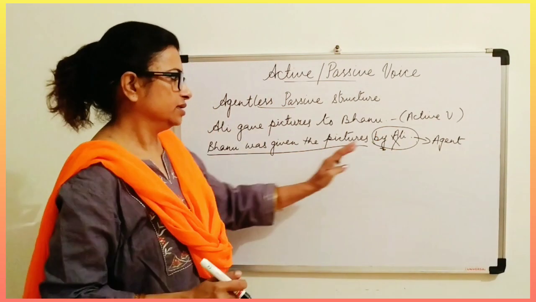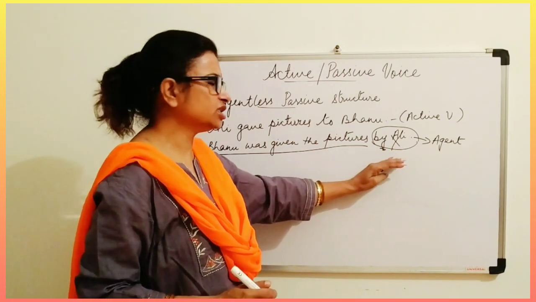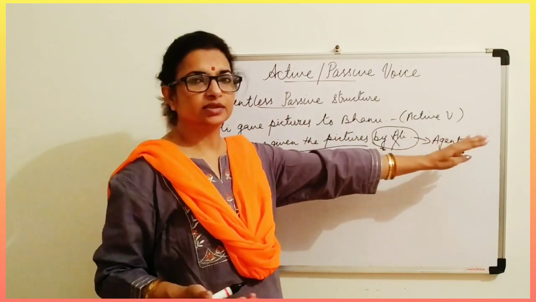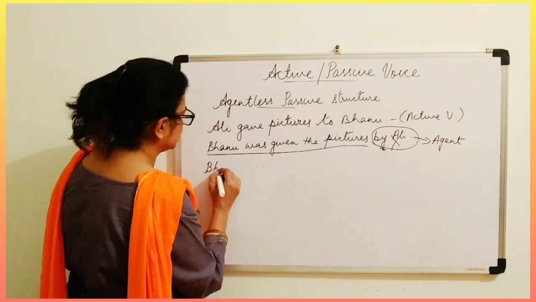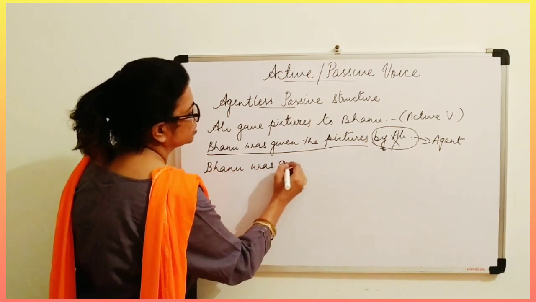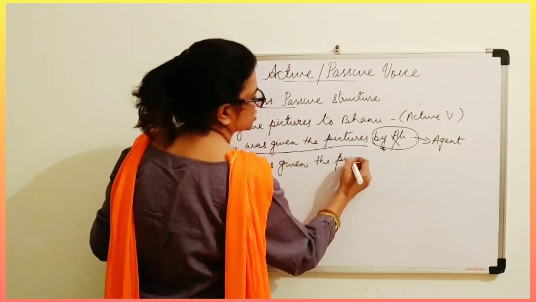So when the agent is not that important and it is not required, we omit this agent. So if you write a sentence like this, Bhanu was given the pictures.